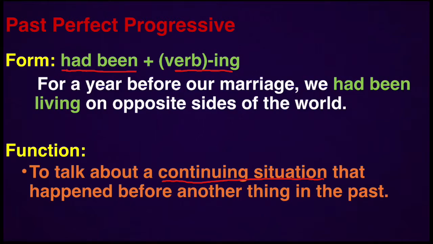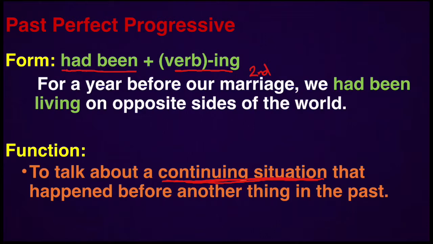For example, for a year before our marriage, we had been living on opposite sides of the world. So for a year before our marriage, a year before our wedding day. So that is a continuing situation for 1 year. We had been living on opposite sides of the world. So our marriage, this was the second thing that happened.